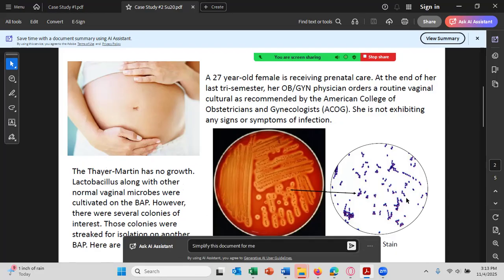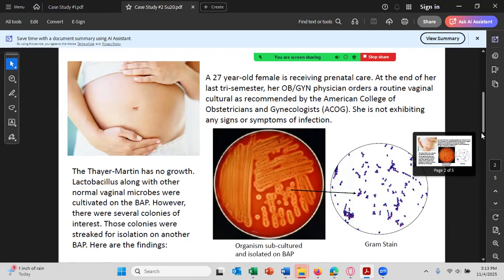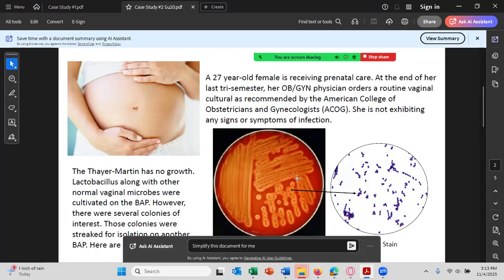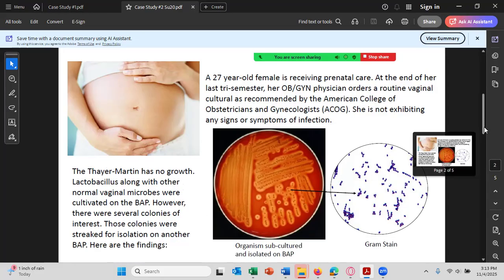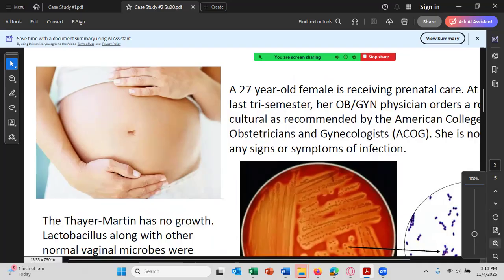You can see hemolytic activity there. And then there's the gram stain of the organism, which is gram positive. You need to blow that up to see the cells.